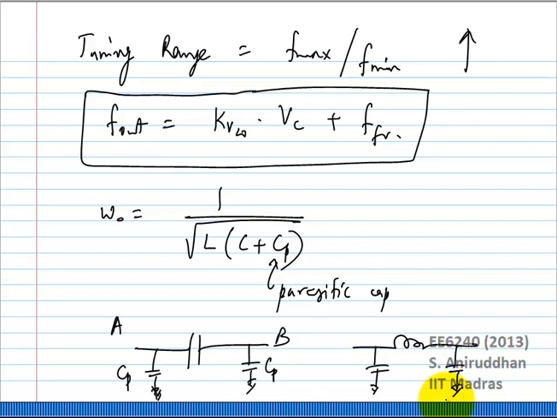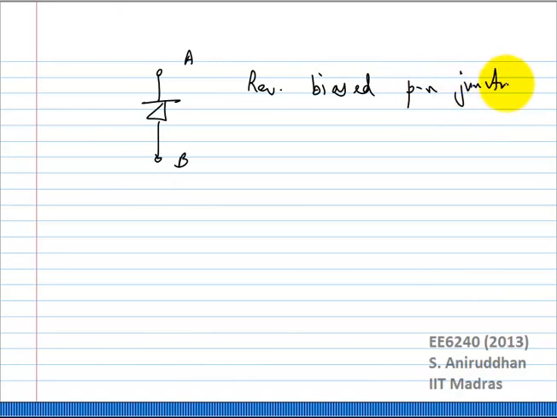So you are perfectly welcome to use a reverse bias junction diode, which can give you your voltage variable capacitance.